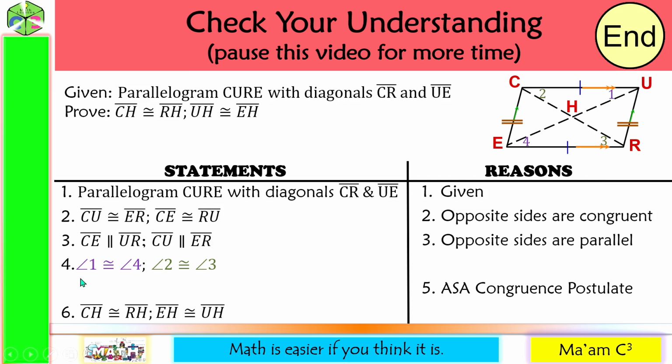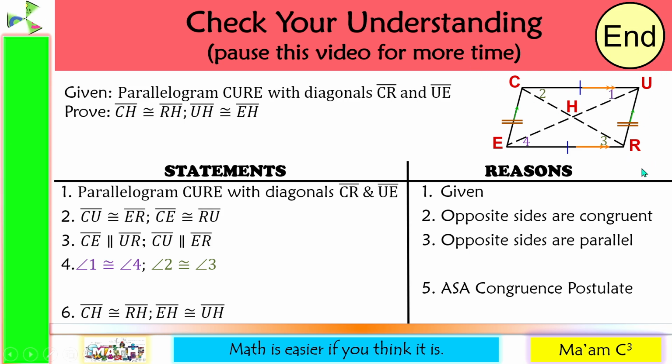Next statement, angle 1 is congruent with angle 4 and angle 2 is congruent with angle 3. We have already stated that opposite sides are parallel. Therefore, this diagonal and this diagonal can be considered as transversals, meaning parallel lines cut by a transversal.